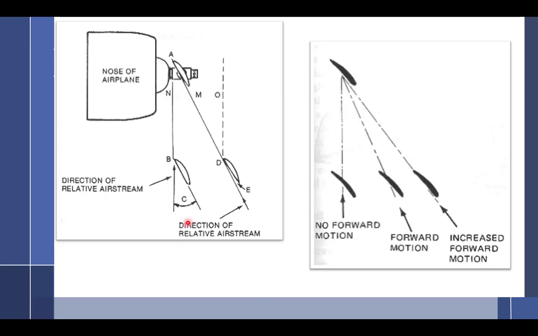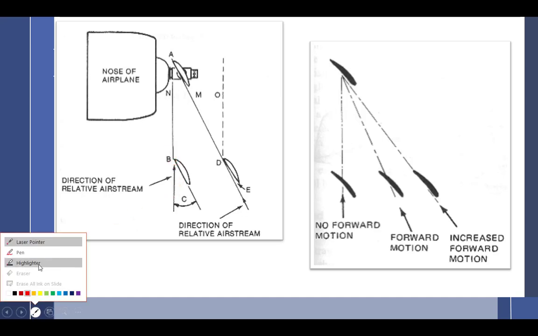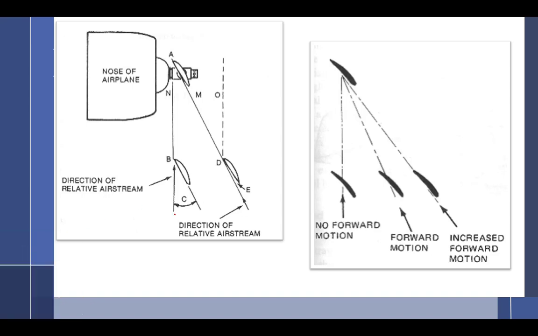On the ground, the propeller moves from point A to point B because I'm on the ground and I'm not moving. So it's just going to go through this plane of rotation. And where is the direction of relative wind? Straight down. Or straight up. So right here, relative wind is just coming like that.